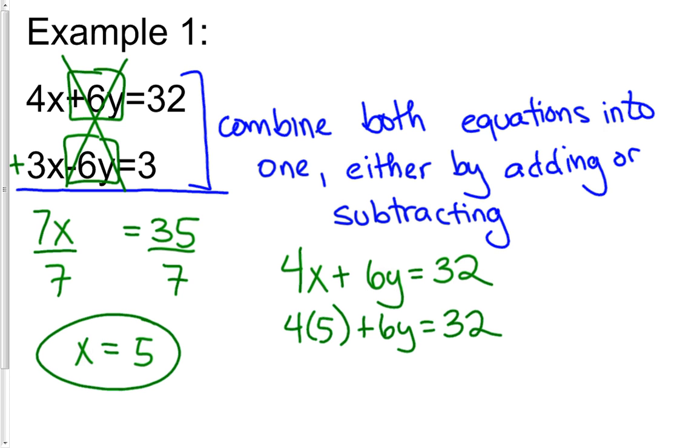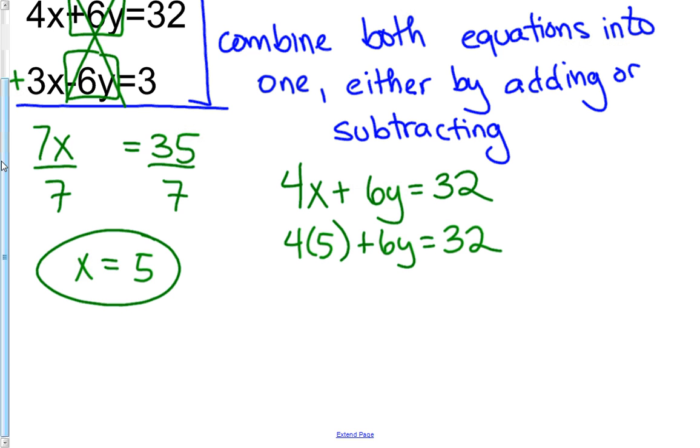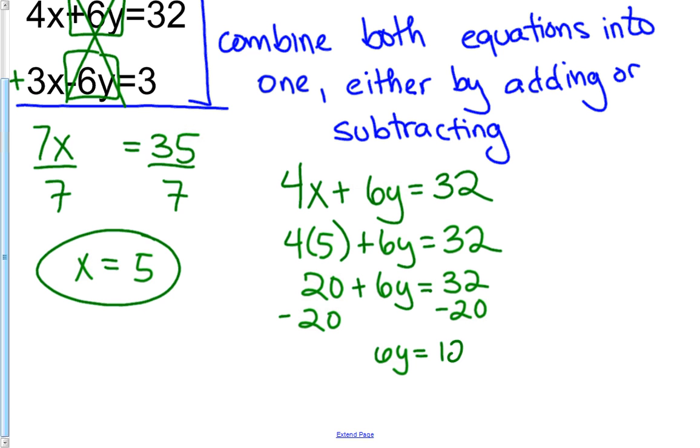I'm going to go ahead and solve this equation for y. So we end up with 6y is equal to 12. Dividing both sides by 6 gives us y is equal to 2.